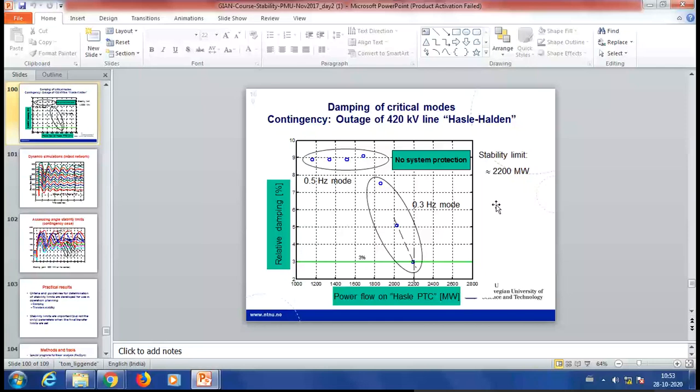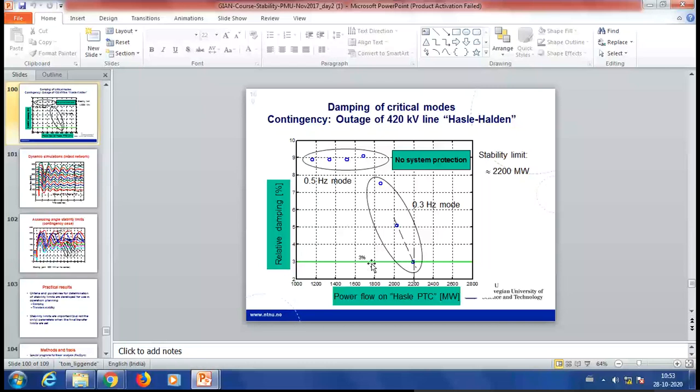But the loading of the line is still lower than 2200 megawatt. Because if we have a power flow which corresponds to the stability limit, then in that case you will have a mode of 0.3 hertz but a poor damping factor.